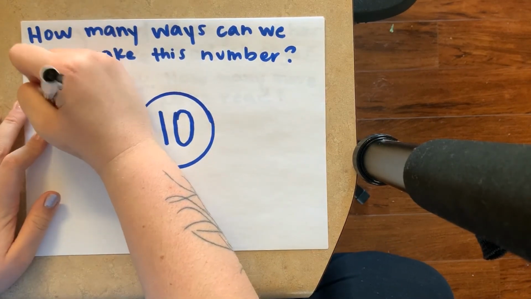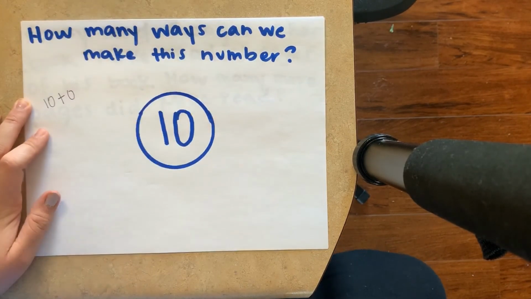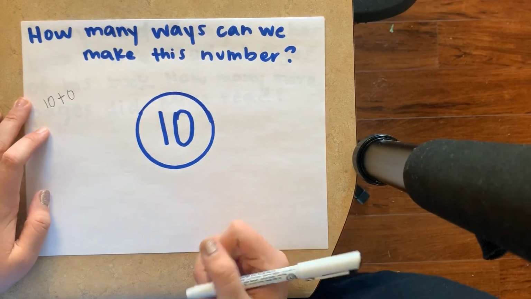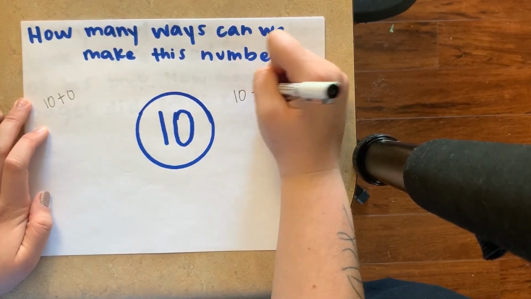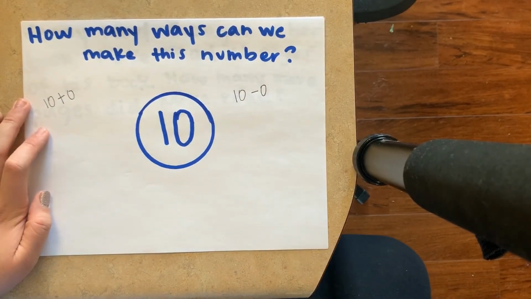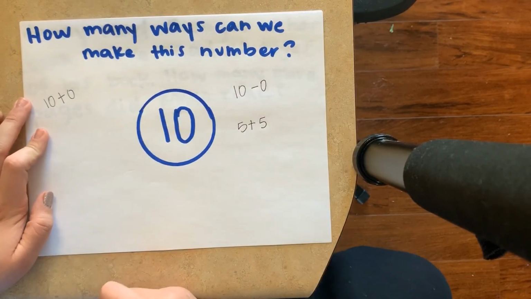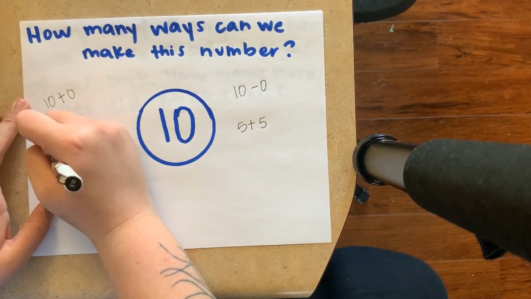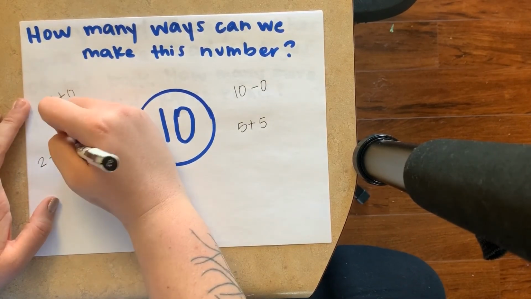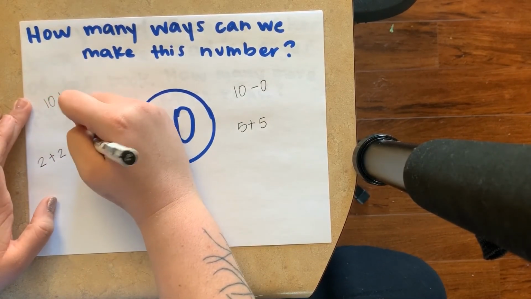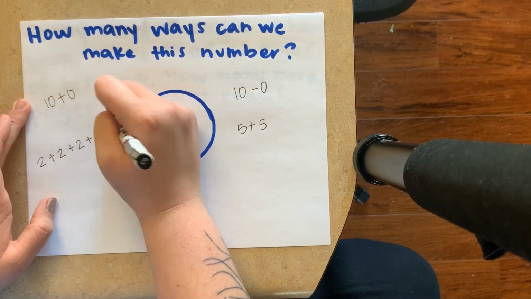So I was thinking 10 plus 0, 10 take away 0, 5 plus 5, 2 plus 2 plus 2 plus 2 plus 2.